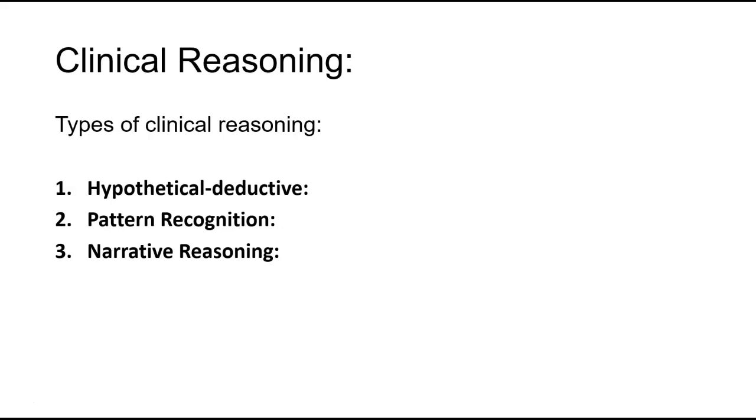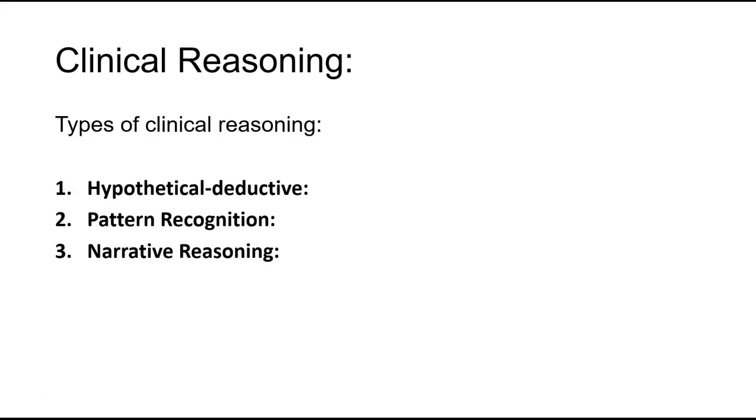We have hypothetical deductive, which means you come up with an unproven reason or hypothesis. You have pattern recognition. This is reasoning where, when you do a bit of research and you start to look at a disease, you start to see patterns of signs and symptoms.